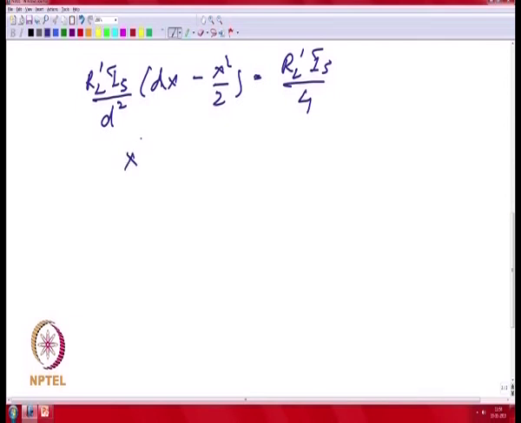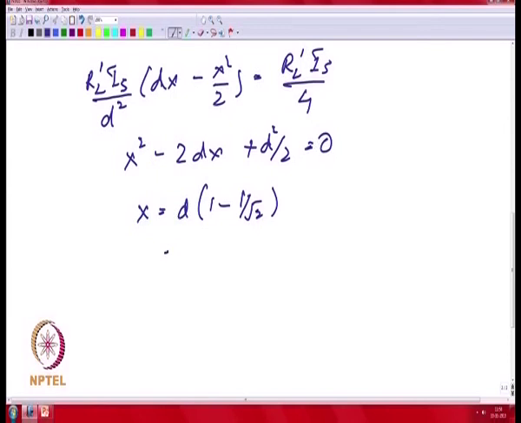So, you have x square minus 2 d x plus d square by 2 equal to 0, and a solution in the range 0 to d is d into 1 minus 1 by root 2. So, this is equal to 0.29 d, roughly at 1/3 the distance from the substation. If you are regulating it to the nominal voltage there, then over the entire feeder you will be within the same tolerance range.